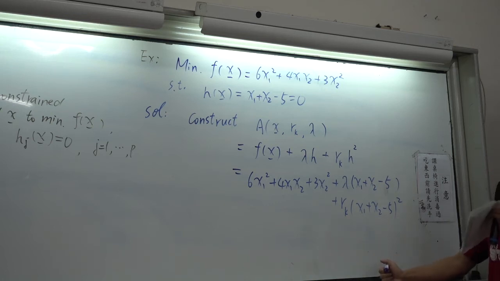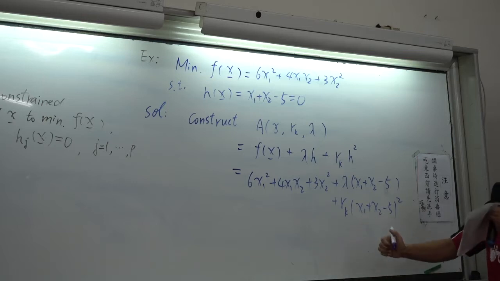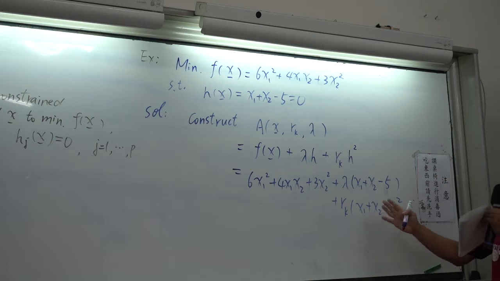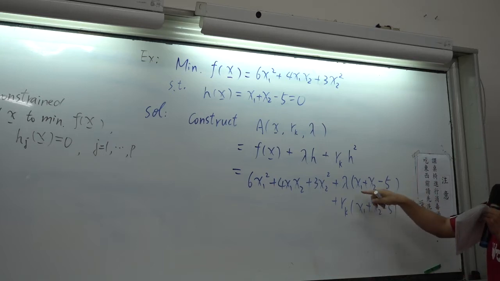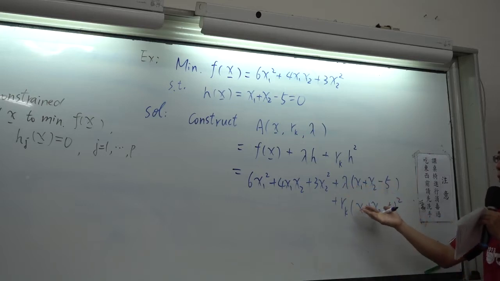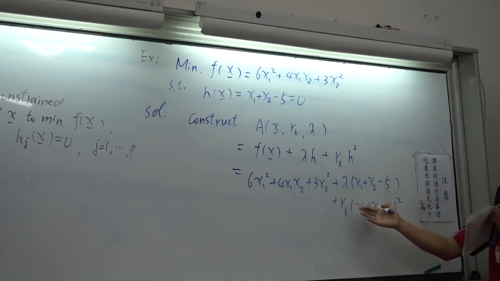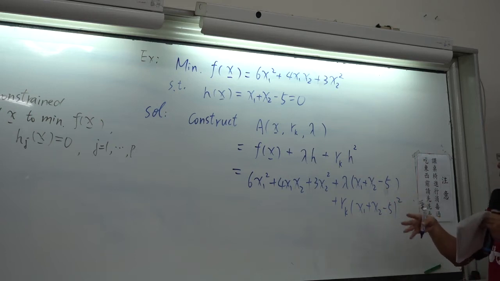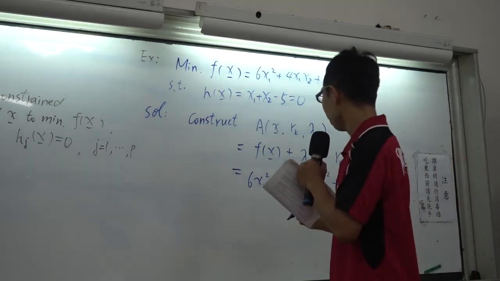But right now, because I'm doing this on the whiteboard, I'm going to use the analytical method to solve the problem for you. Usually we use a computer, so you directly give it initial values of lambda and Rk, and then it becomes an unconstrained problem, and you use any numerical method to solve the optimization problem. But on the whiteboard I will solve it by hand, OK.